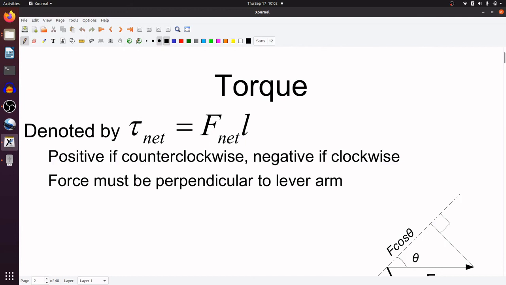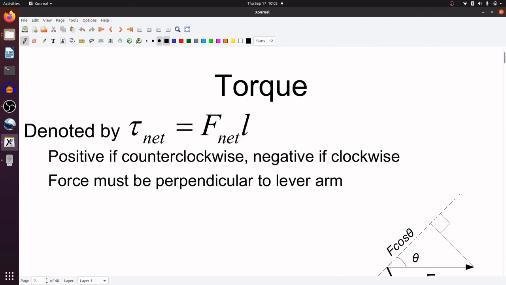Even if you apply the same force, you're going to have different results. And that's where force doesn't necessarily hold any physical meaning.